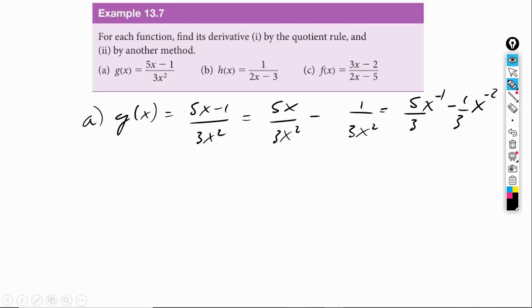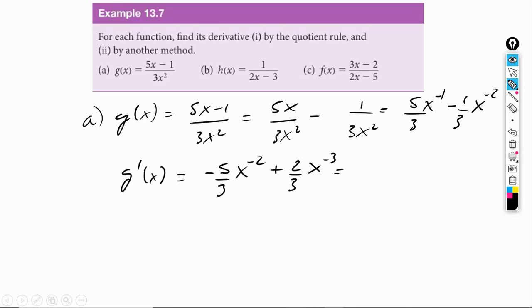So then, if I do the derivative, I'm going to get minus 5 thirds x to the minus 2 plus 2/3 x to the minus 3. Now we still don't have the same expression, so we have to work on this.